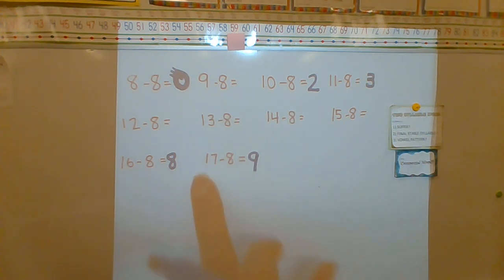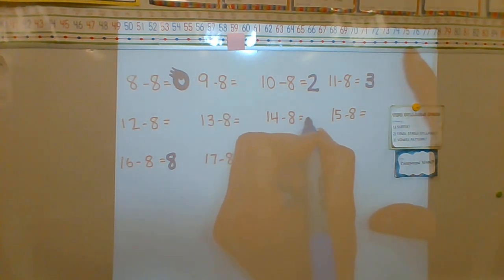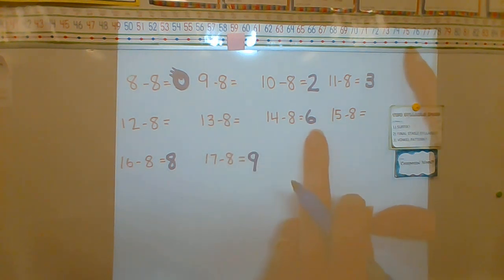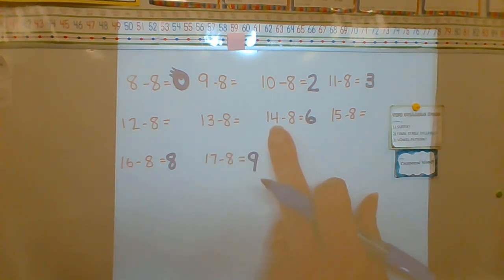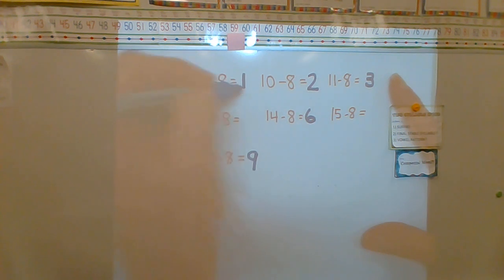Which of these has a difference of 6? That's right. 14 minus 8 equals 6, because 6 plus 8 is 14. Which of these has a difference of 1? Good luck. That's right. 9 minus 8 is 1.